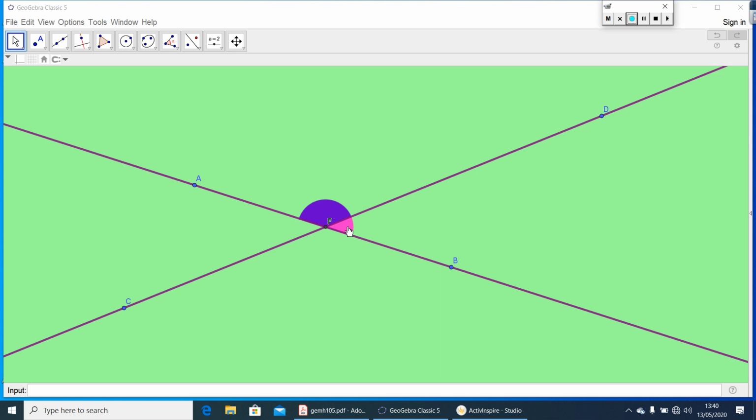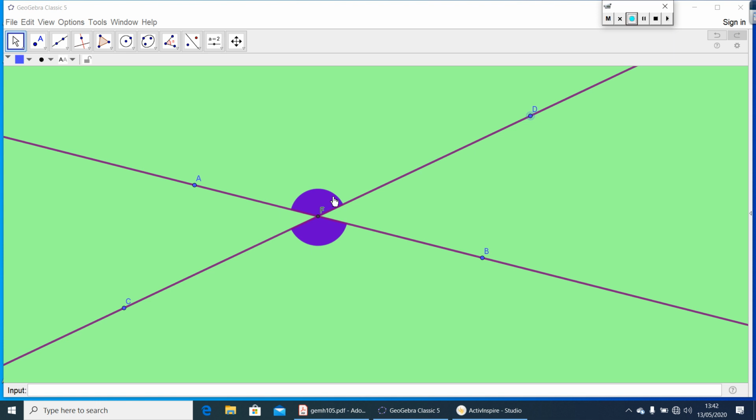Now let me take another angle. Consider these two angles, they are not adjacent. This is just opposite. This angle AFD is just opposite to angle BFC. So these two angles we can call vertically opposite angles.